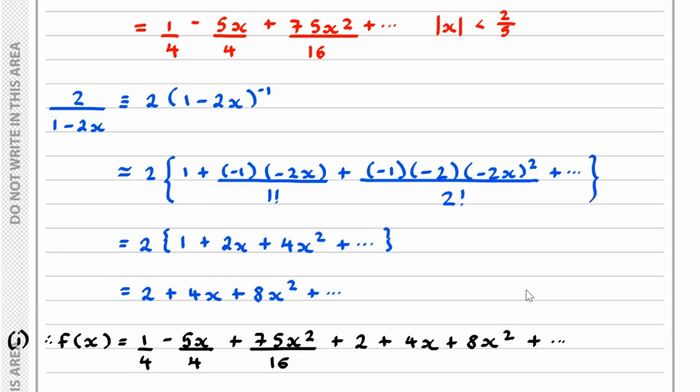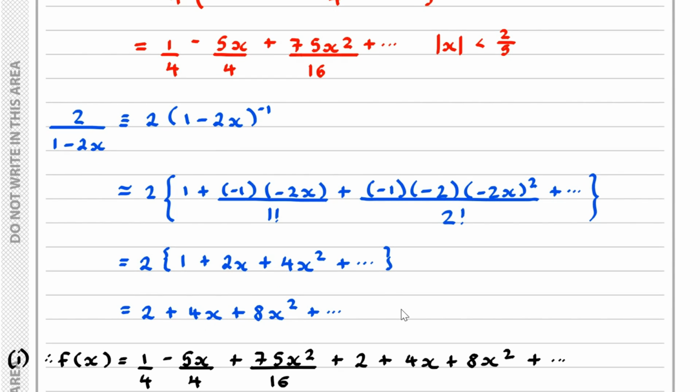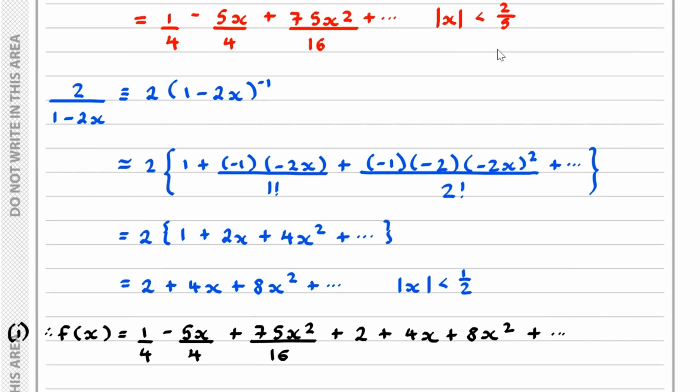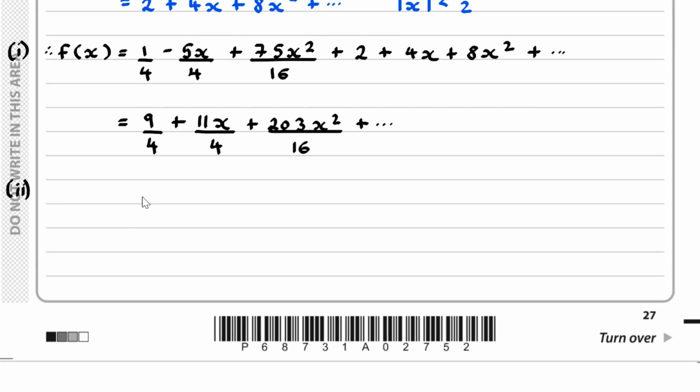And then here, this one is valid for the mod of x being less than 1/2. So we want the one which is smaller, so therefore this is valid for the mod of x being less than 2 over 5.